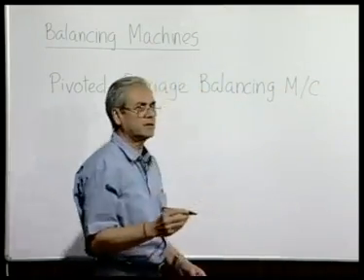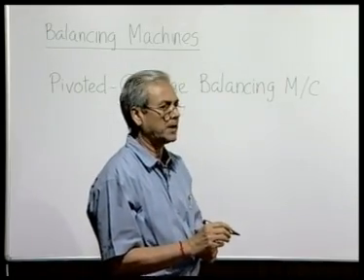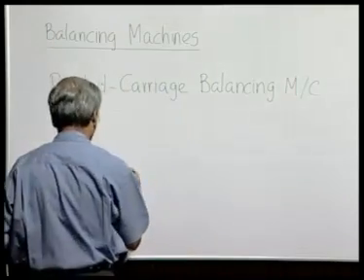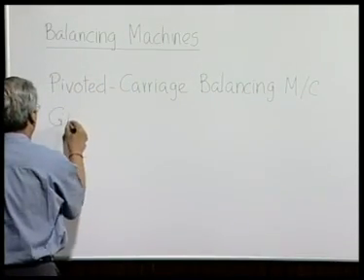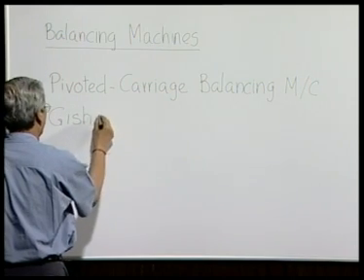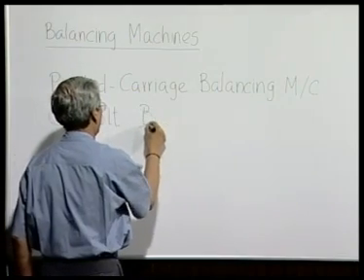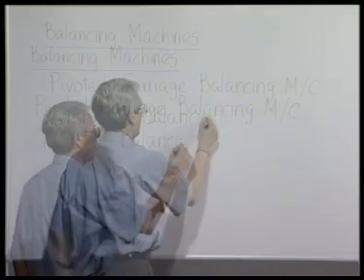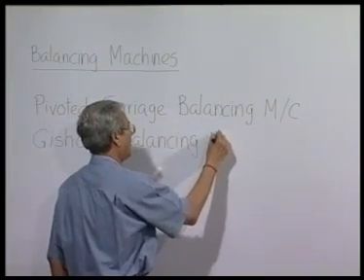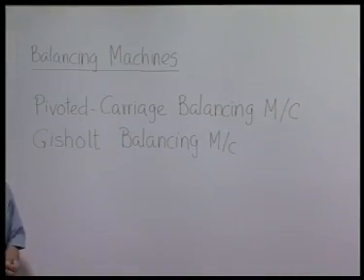The other is slightly more sophisticated and provides better accuracy, and that is called the Ghosh balancing machine.